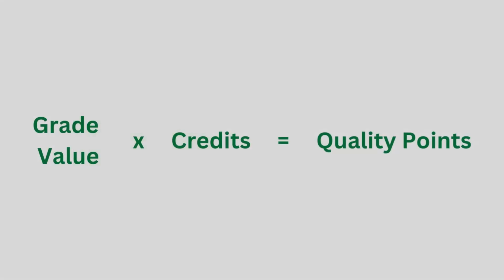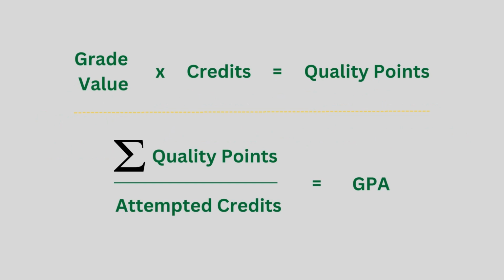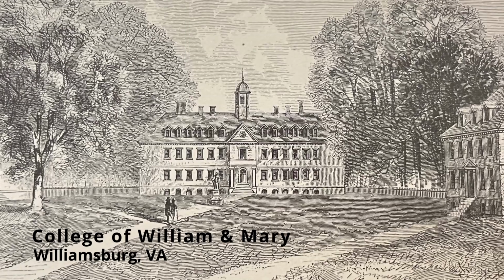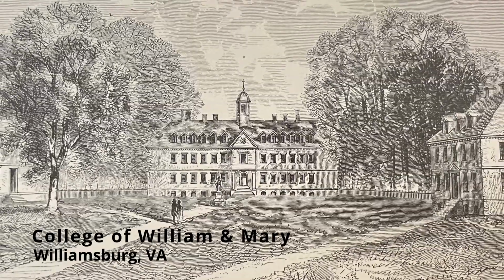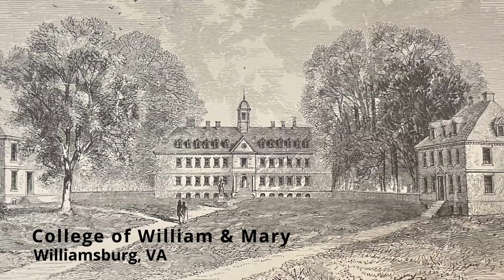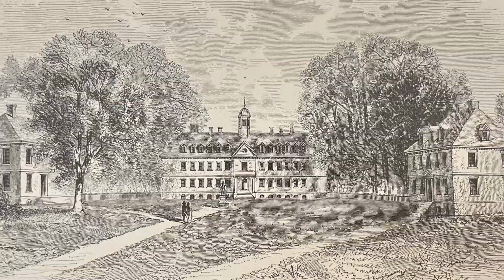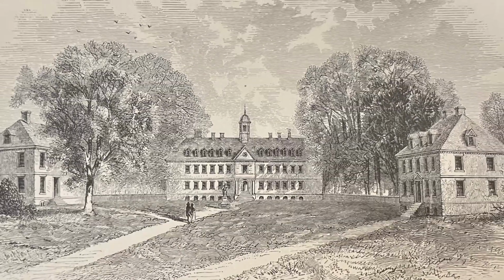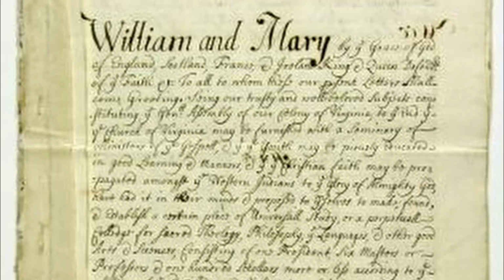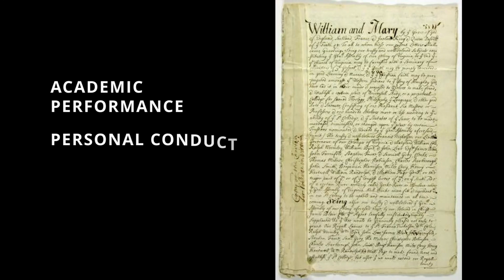Yale's 4-point numeric scale is regarded as the precursor to the way GPA is calculated today.